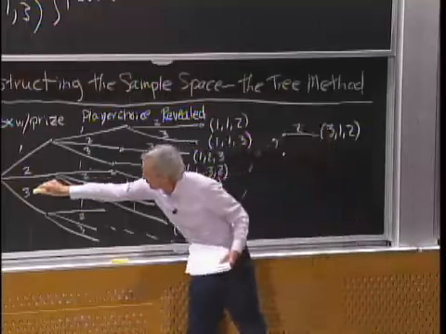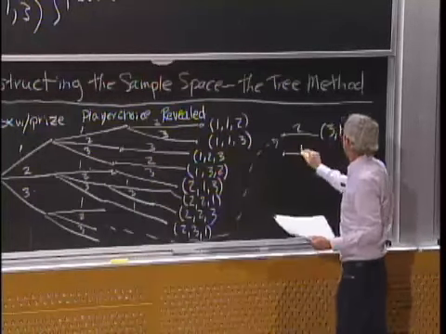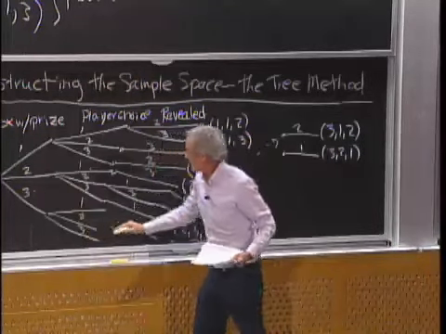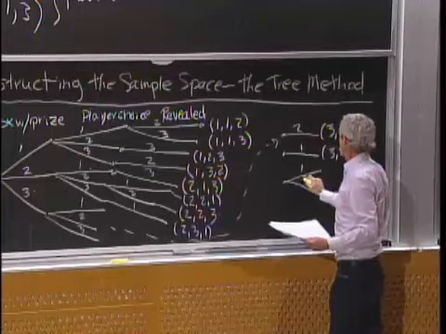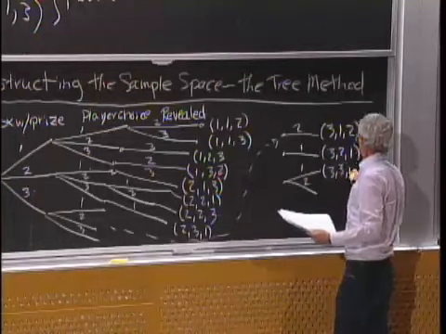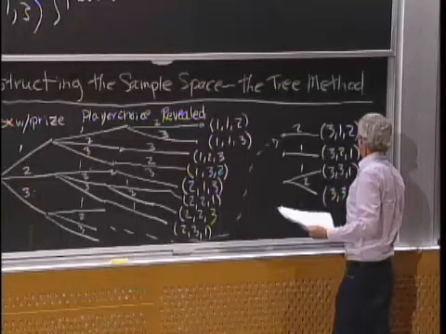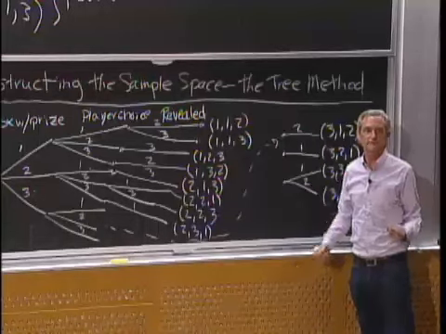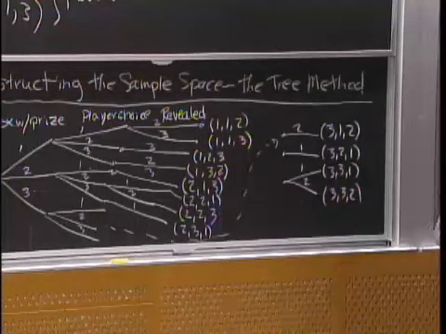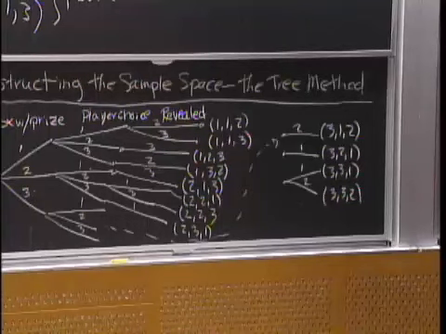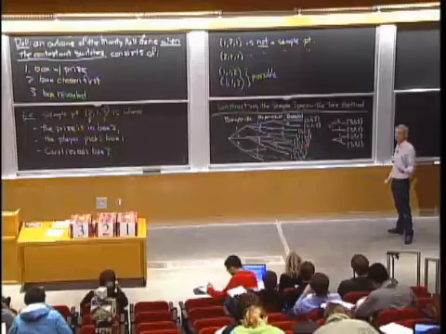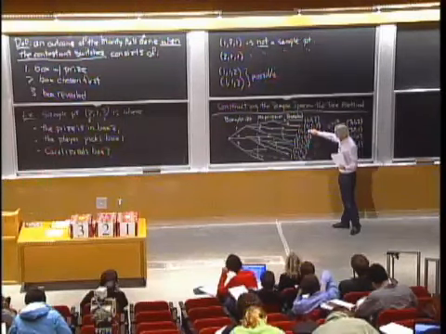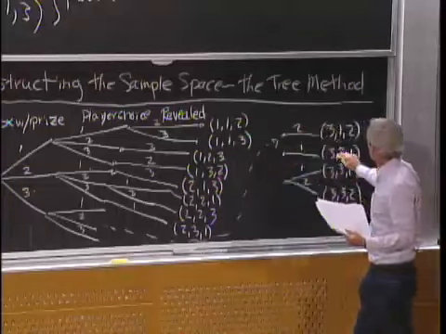Then I've got 3, 2, 1. And finally, I've got 3, 3 with 2 choices, 1 and 2. All right, that is now the construction of the entire sample space, all the possible outcomes. How many sample points are there here? How many possible outcomes? 12. 1, 2, 3, 4, 5, 6, 7, 8, 9, 10, 11, 12.